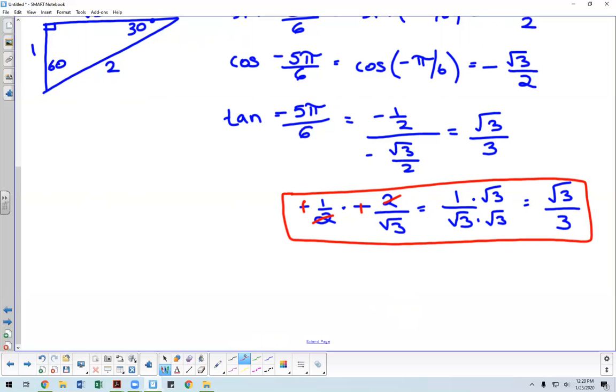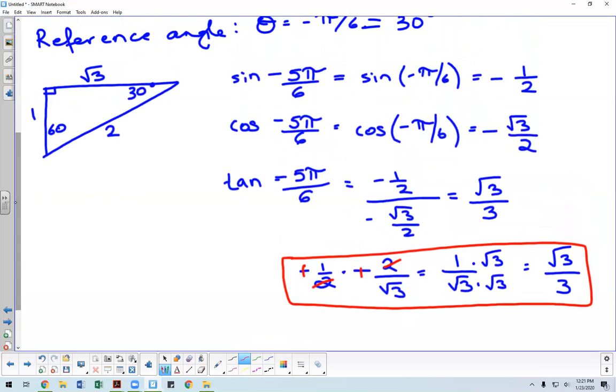And anytime you are using radicals in your sine and cosine values, it's a good chance you may have to rationalize your denominators. Okay, now based on these 6 functions, what will their reciprocal functions look like?